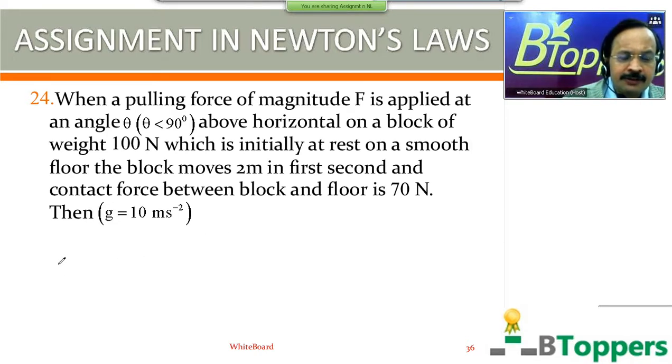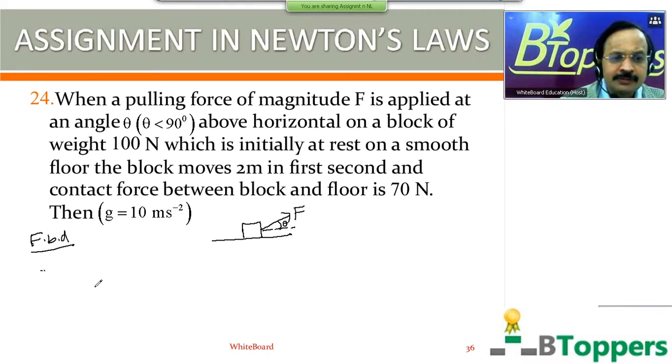So here, let the weight mg of the block, you can draw the diagram roughly this way first. The pulling force is applied at some angle theta above the horizontal. So I draw a separate free body diagram. The weight mg of the block acts vertically downwards, which is the gravitational force on the block by the earth.